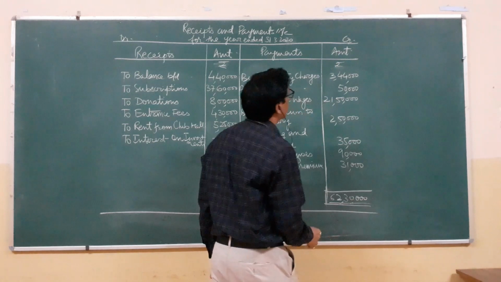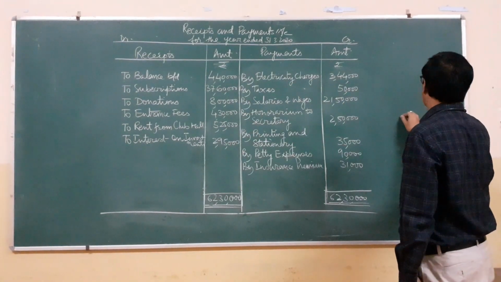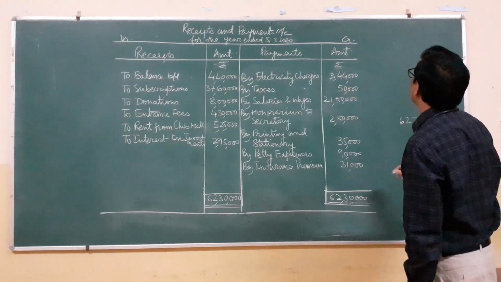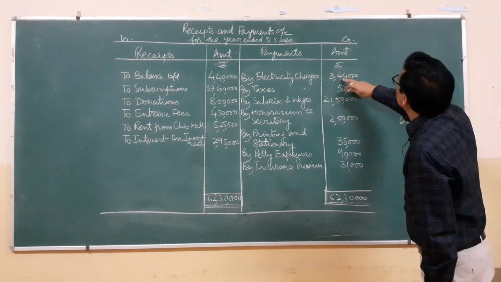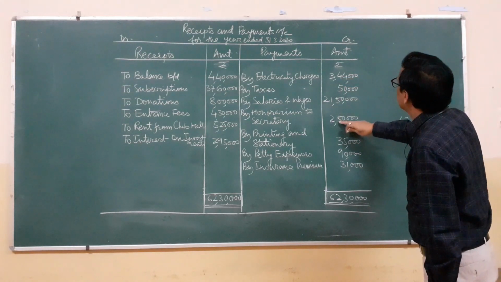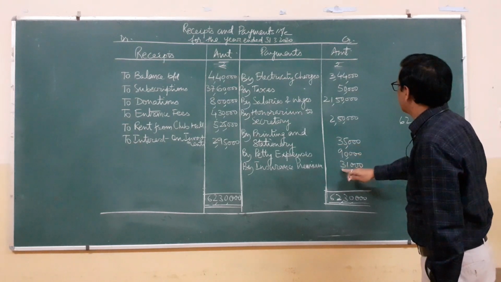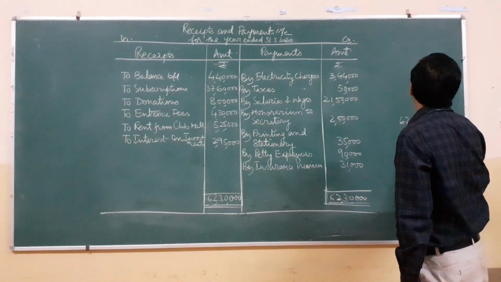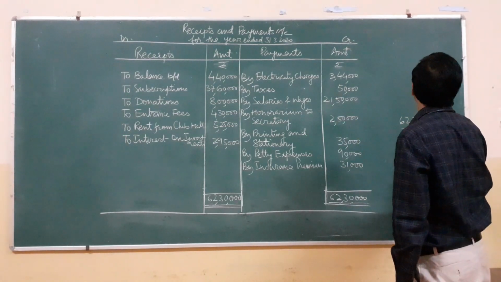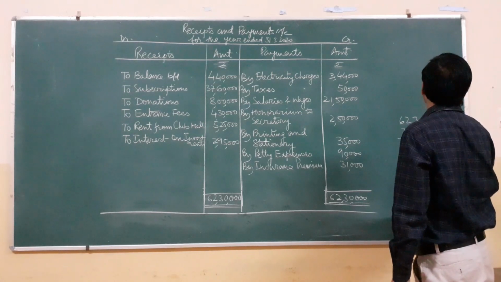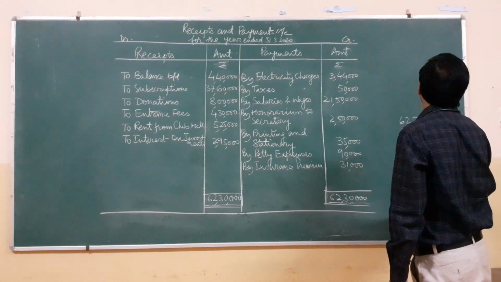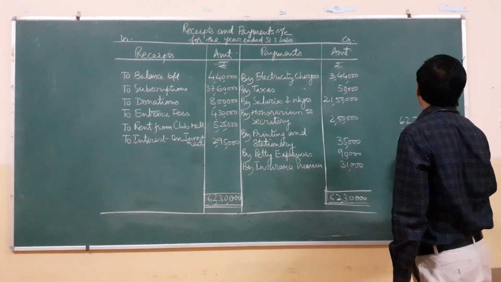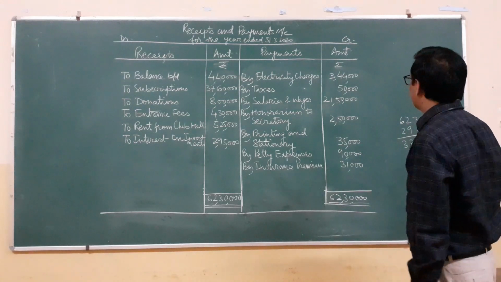On this side we will calculate the total. It is 32 lakh 80,000.